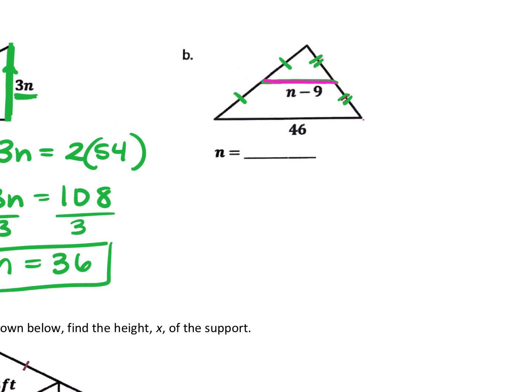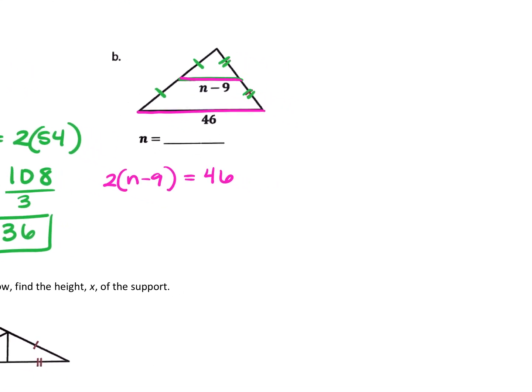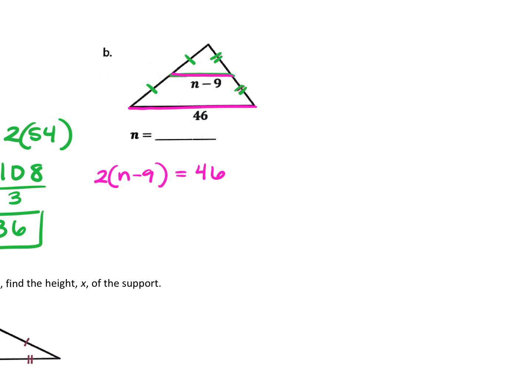You have this length and you have this length. 46 is definitely longer than that n minus 9. What's the relationship? Double what? N minus 9. Okay, so you could either double the shorter one and set it equal to the longer one. What's your other option? Divide what? The 46 in half, right?